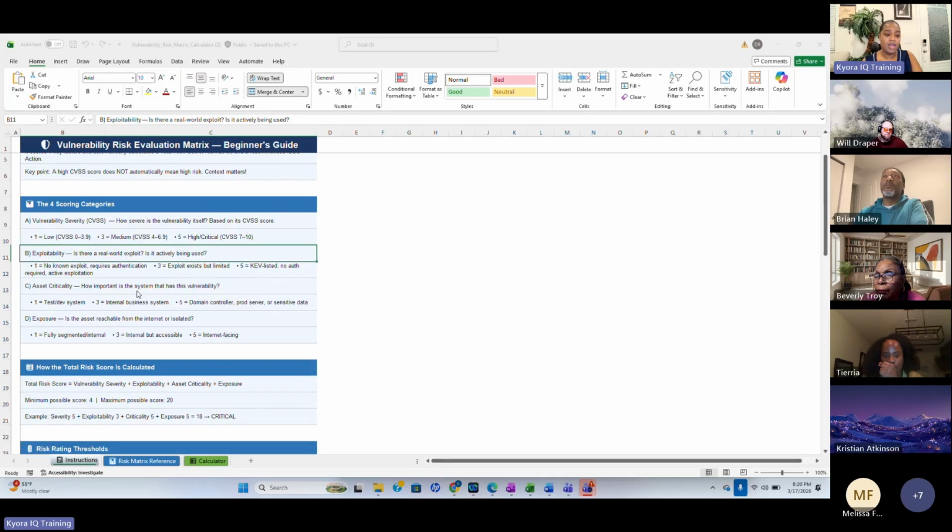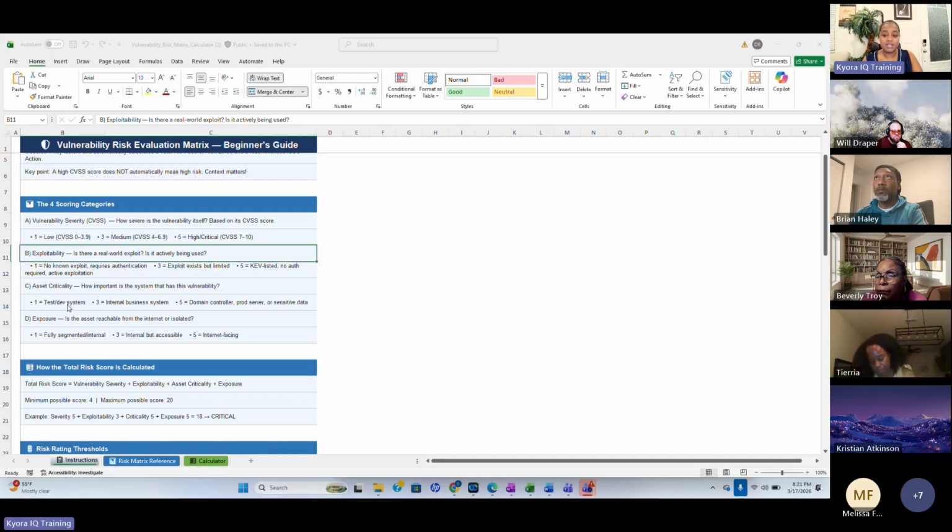Then asset criticality. Now, this is where the risk really comes in. It's how important is the system that has this vulnerability? If it's a test dev system, just a test environment with dummy data, even if it has a 10 for a critical vulnerability and a 5 for a vulnerability that's likely to be exploited, if this system gets popped, we really don't care.